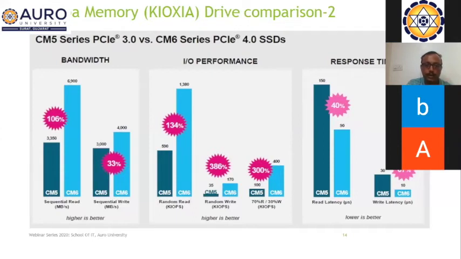Now the CM6 drives are working at around 6.9 gigabytes per second. So you can see the difference. There are drives which are using the full bandwidth provided by the PCI protocol.